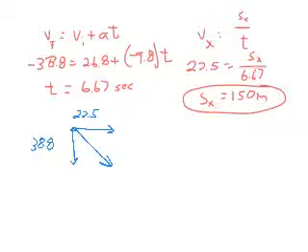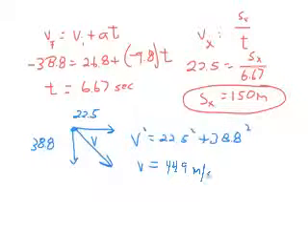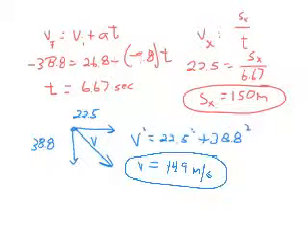So the hypotenuse here, the final impact speed, I'm going to call that just v, but v squared equals 22.5 squared plus 38.8 squared, just Pythagorean theorem. I call it Pythagorizing the problem. The final velocity of impact as it's hitting the ground is 44.9 meters per second. And that is the answer to part C.